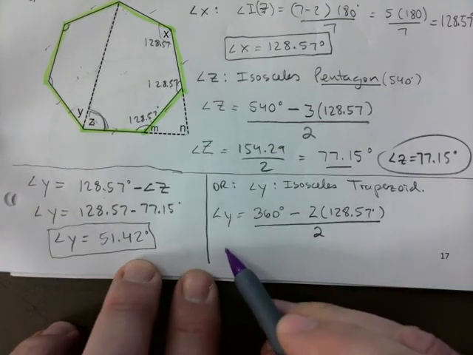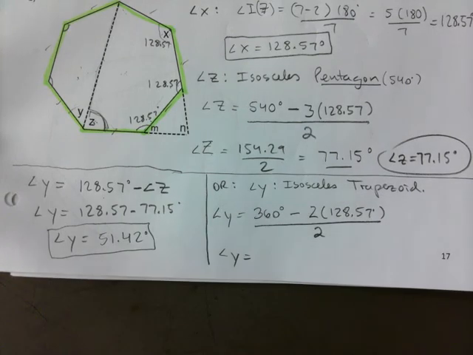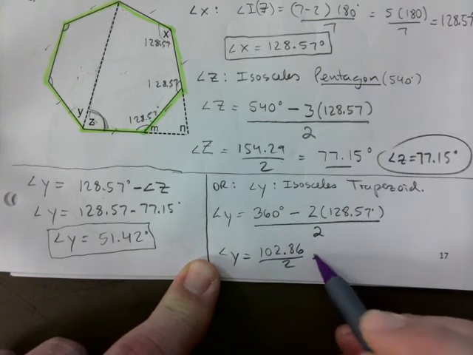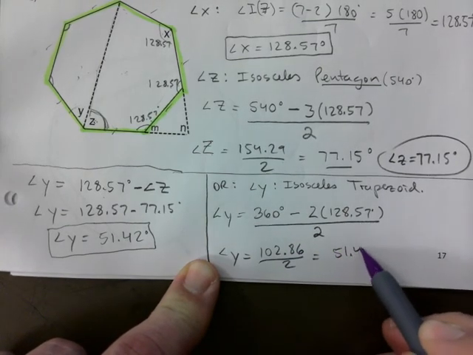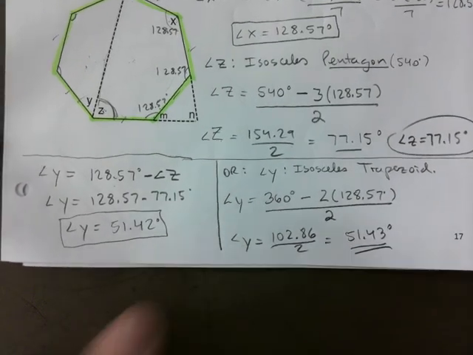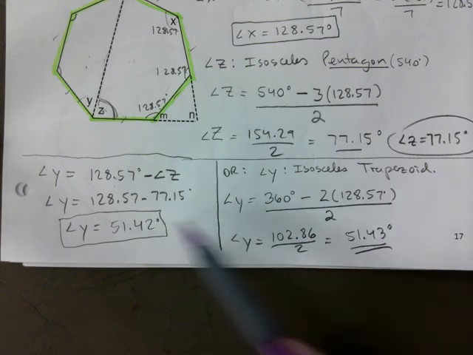And I promise you that it's the same. You get 102.86 divided by 2, which is 51.43. But it's not the same. We're off, right? That's going to happen. You're off by 0.01. We're not sweating it, right?